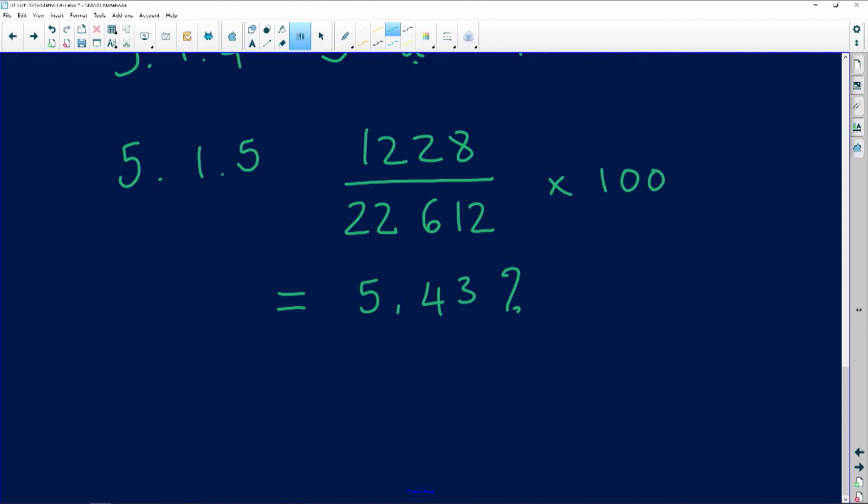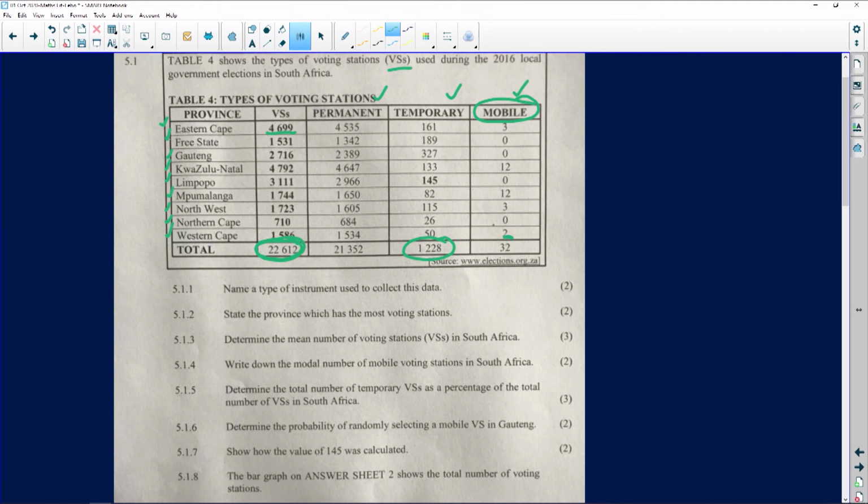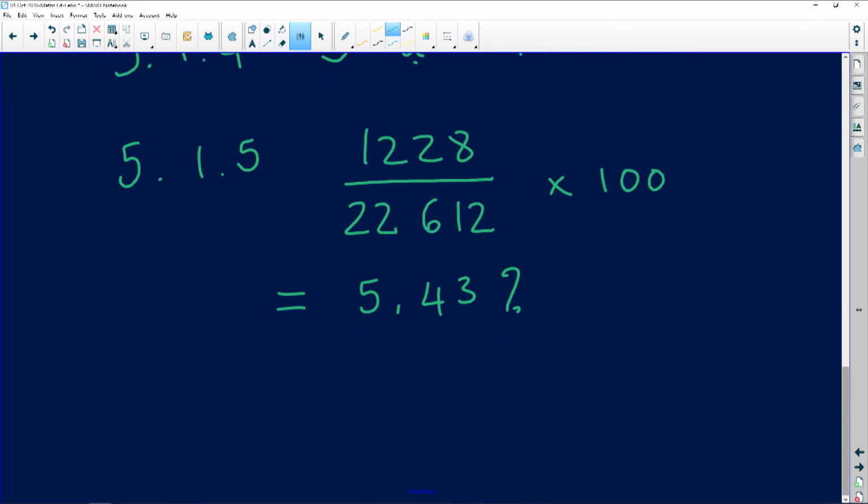How many mobile voting stations do we have in South Africa? We have 32. So we know probability is going to be a fraction.